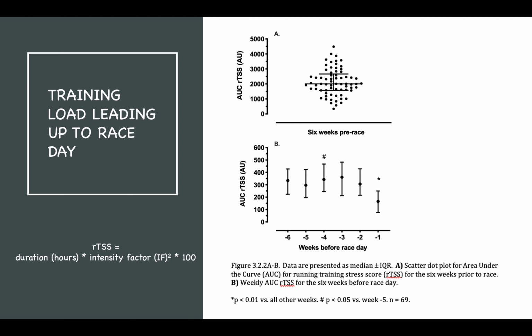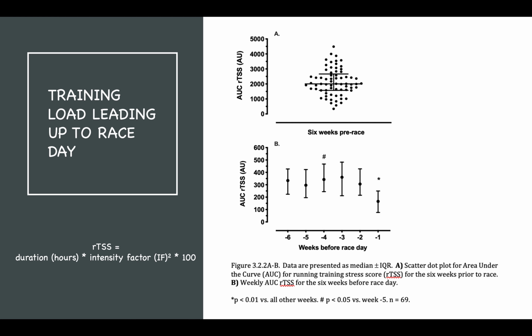So in this graph, we've got graph A and B, and in graph A, it's a scatter plot, and each data point represents a runner's total training load that they did for the 6 weeks leading up to the race.